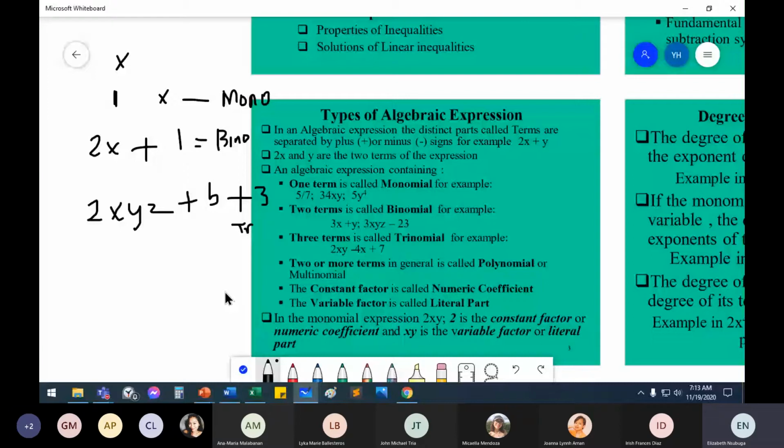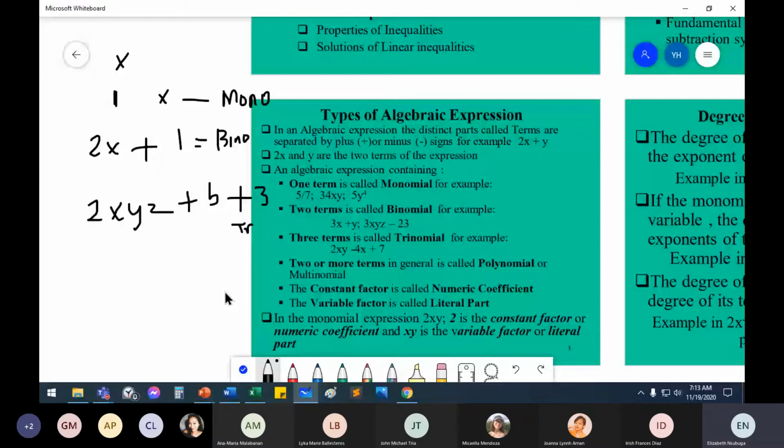A polynomial is an algebraic expression which has two or more terms. I'm going to repeat that. A polynomial is an algebraic expression which has two or more terms, which means a polynomial is any algebraic expression which has more than one term.